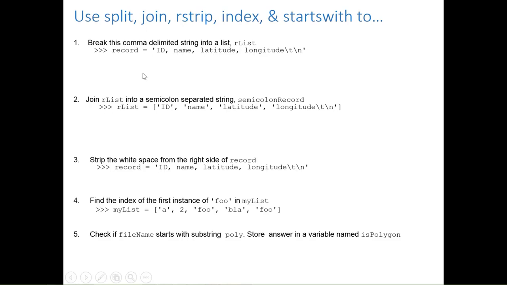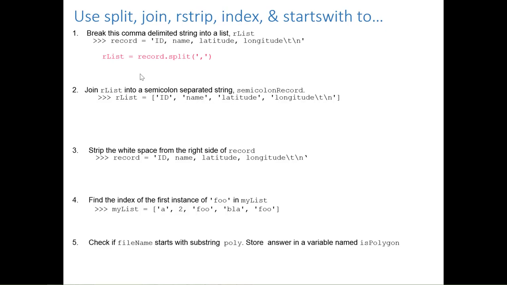For dot notation, how would that look? You should have record.split, and in the arguments you pass in the thing upon which you want to split. You want to split on the comma, to break up this comma delimited string.